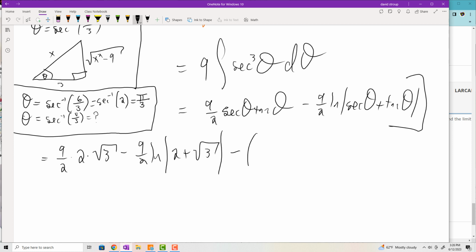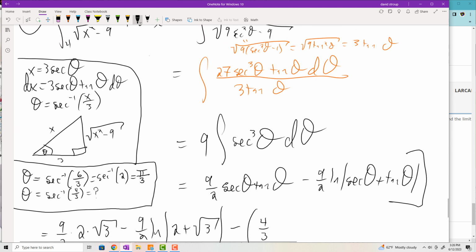And then minus, you have to go to the secant inverse of 4/3. So secant of secant inverse of 4/3 is just going to be 4/3. And then tan of secant inverse of 4/3. So you can kind of work with a triangle again. Theta, secant is hypotenuse over adjacent. So this third side will be 16 minus 9, which will be square root 7.